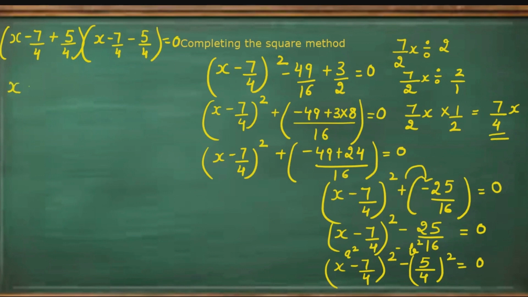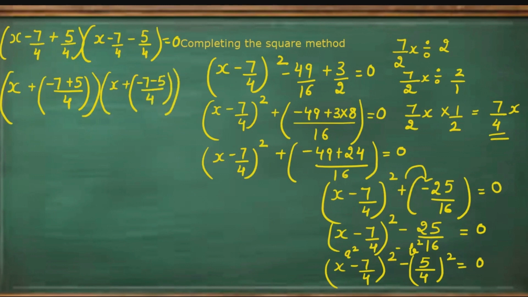We will get x plus, let's take a bracket, minus 7 plus 5 by 4, 4 is the LCM. And in a similar way, in the other bracket, we can write x plus, taking a bracket, minus 7 minus 5 by 4, LCM is 4, and that is equal to 0. So in the first bracket we'll get x plus minus 7 plus 5 is minus 2 by 4.